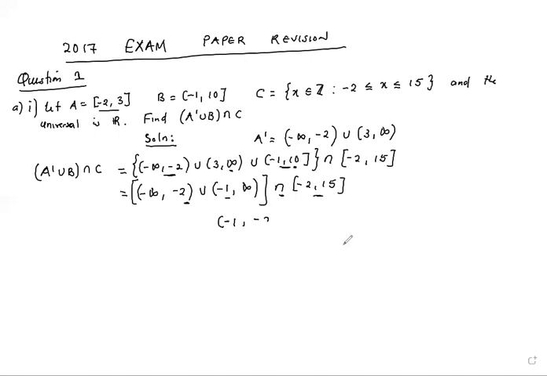Okay, from -1 to -2. -2 included. Yeah. Union, this is, that's why I got confused. The solution here is C. Exact.